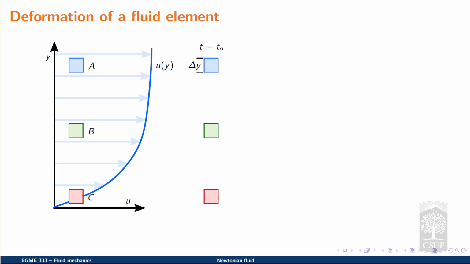Now, because the velocity in the x direction little u varies with vertical position, we can imagine that the upper surface of a fluid element will have a different local velocity than the lower surface of the same fluid element.